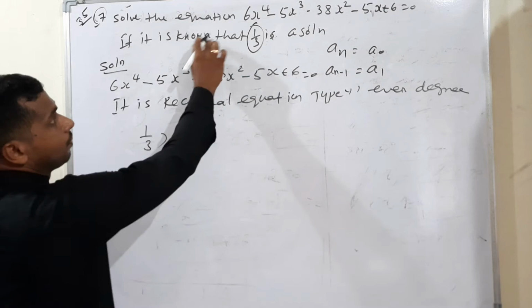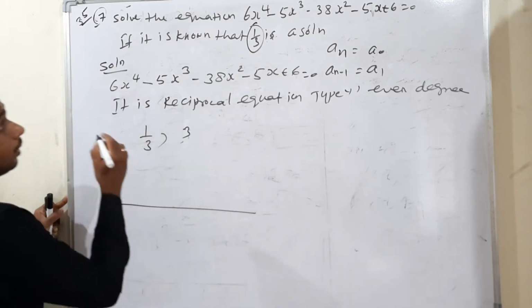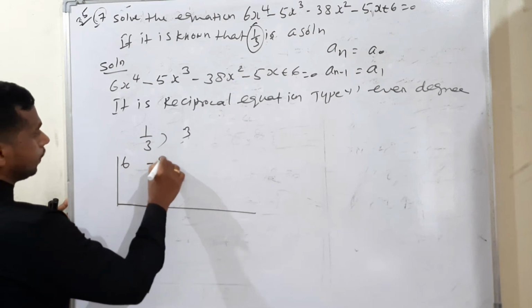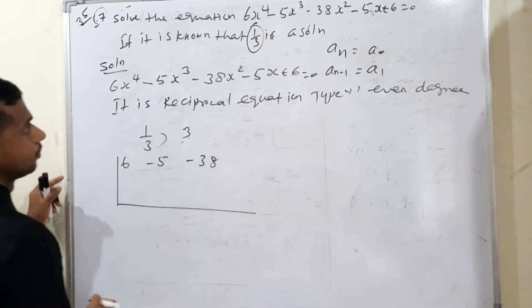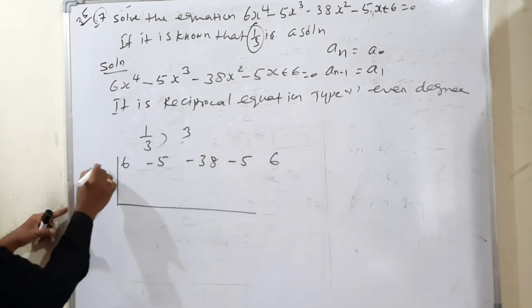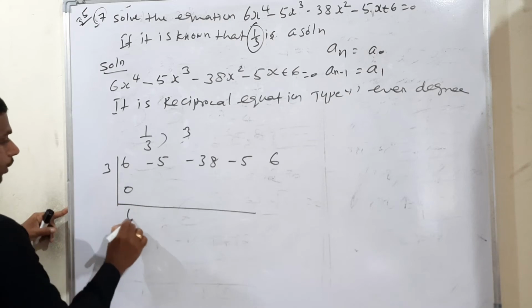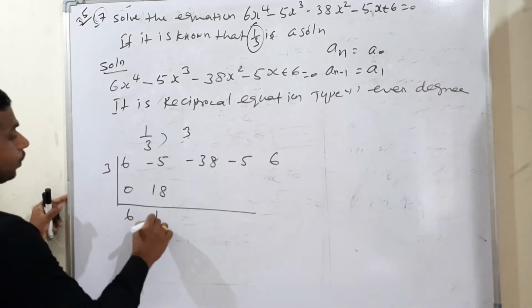Okay, just check it in synthetic division method. Question: 6 minus 5 minus 38, again minus 5, positive 6. First 1 by 3: 6 plus 0 is equal to 6, 6 3s are 18, minus 5 plus 18 is equal to positive 13.